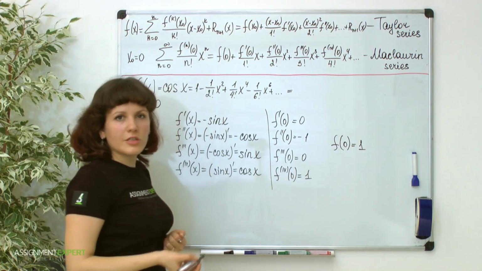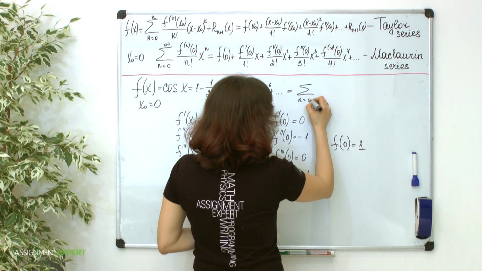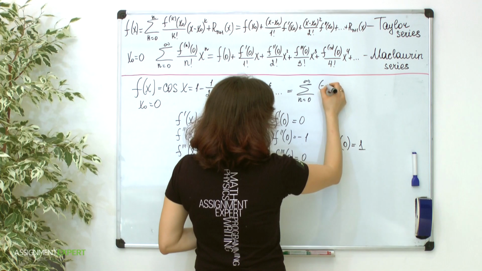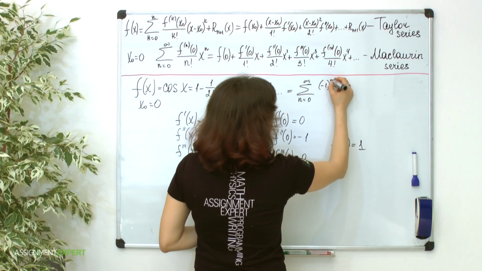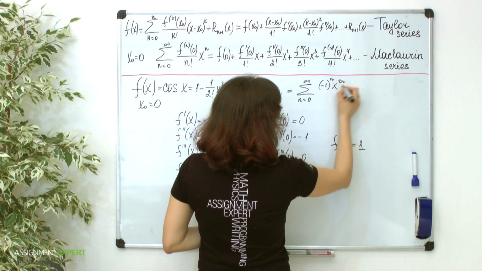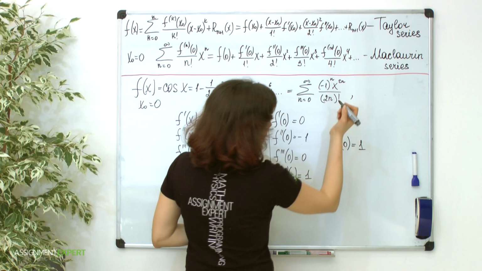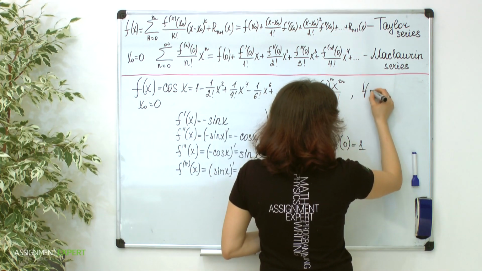Or in compact sigma notation, that is equal to summing from 0 to infinity minus 1 raised to the power n times x raised to the power 2n over 2n factorial, and it holds for any real x.